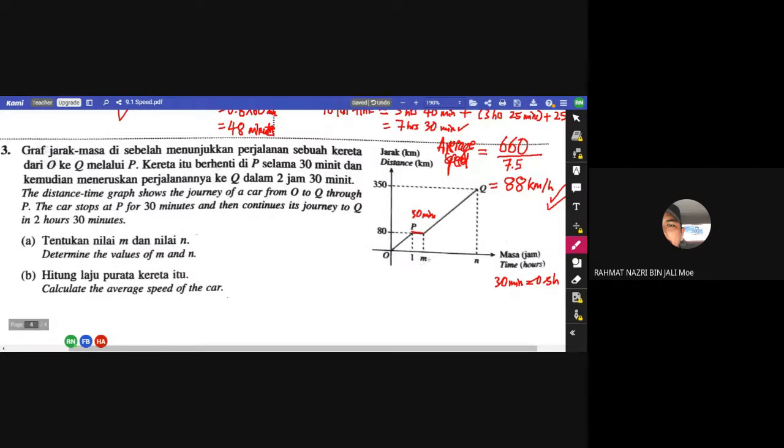So the value for the M kita dah dapat is 0.5 after 1. So we have 1.5, the value for M.